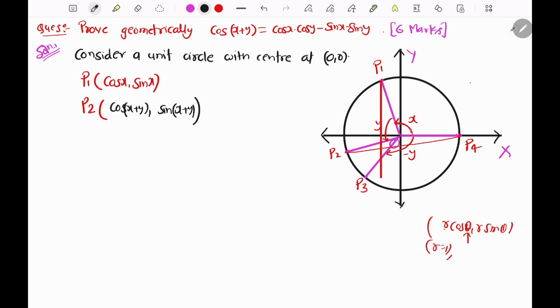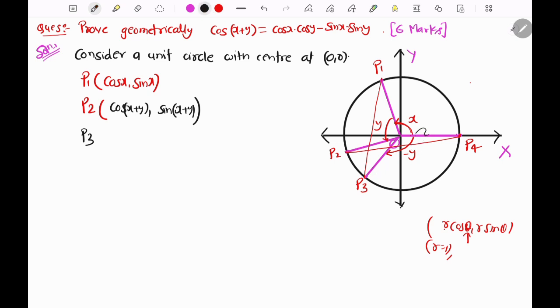Similarly, what is the coordinate of P3 point? Now let me make this circle in a proper way. So what is the coordinate of P3 point?